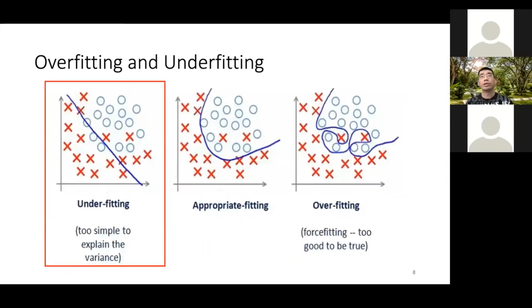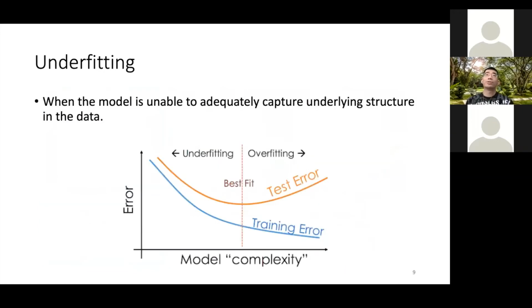And now, if there is a term of overfitting, then we can correctly assume that there is also a term of underfitting. So a statistical model or machine learning algorithm suffers from underfitting when it is unable to adequately capture underlying structures in the data.